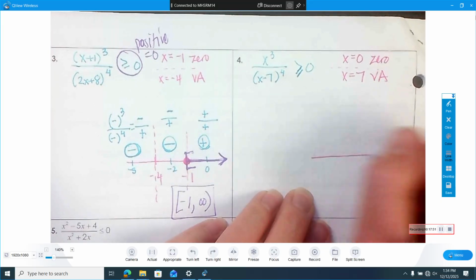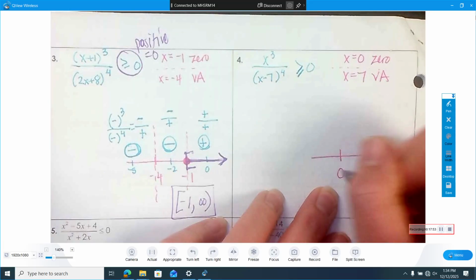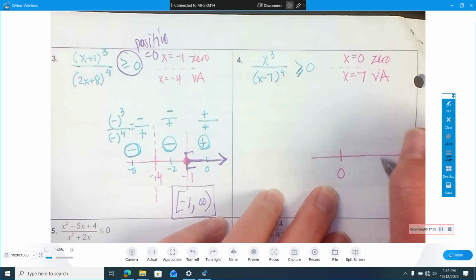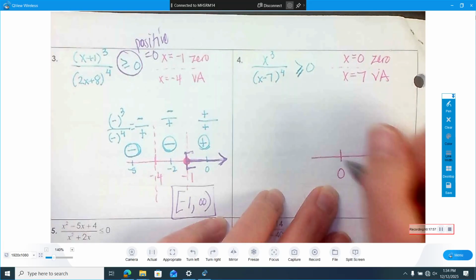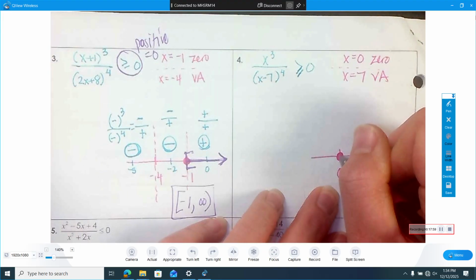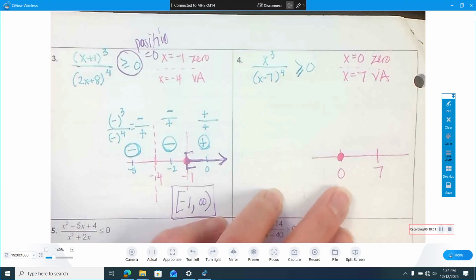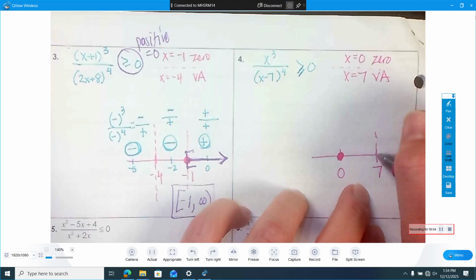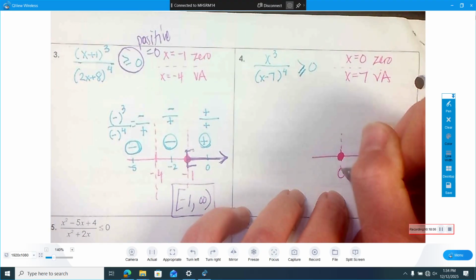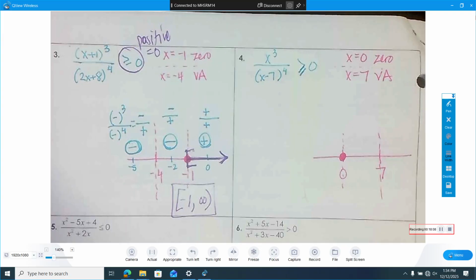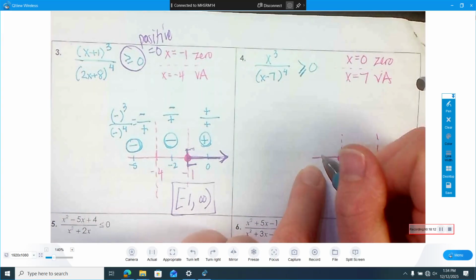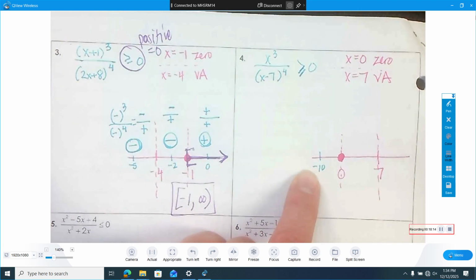So I'm going to make my little number line. Now, 0 is actually a 0, so I'm going to make myself a big point there because it actually is equal to 0. And then at 7, it's a vertical asymptote. All right, so I'm going to pick a value. I'm going to just pick like -10.